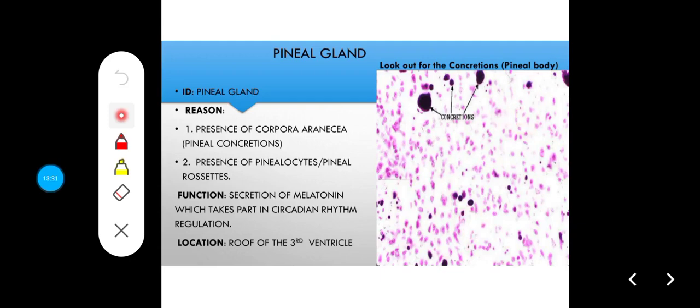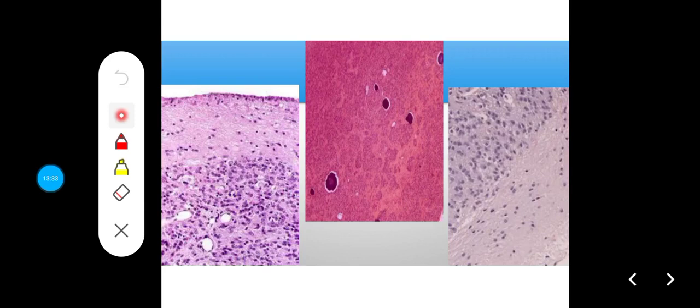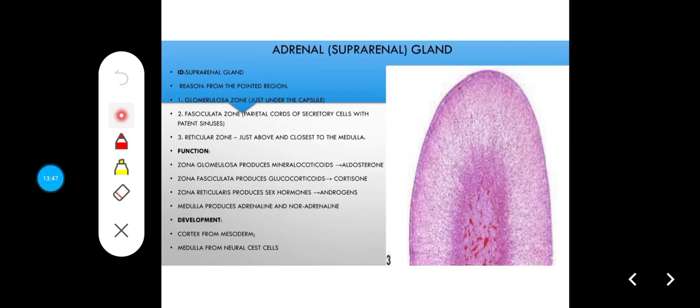And it doesn't look like the adrenal gland either. So this is the pineal gland again. You can see the pineal concretions and the scattered cells. Same thing here. Then in the suprarenal gland, you see a sharp transition, and you see only 3 layers in the cortex.